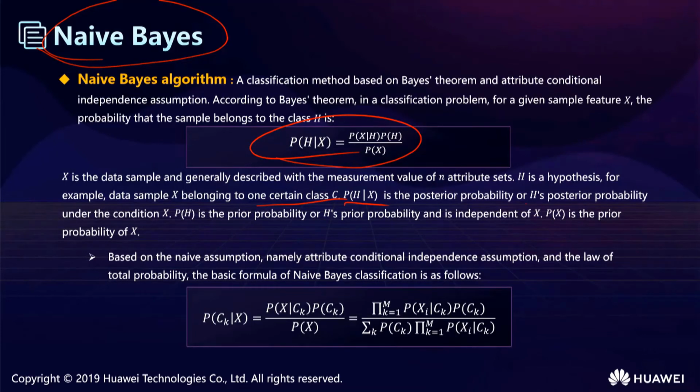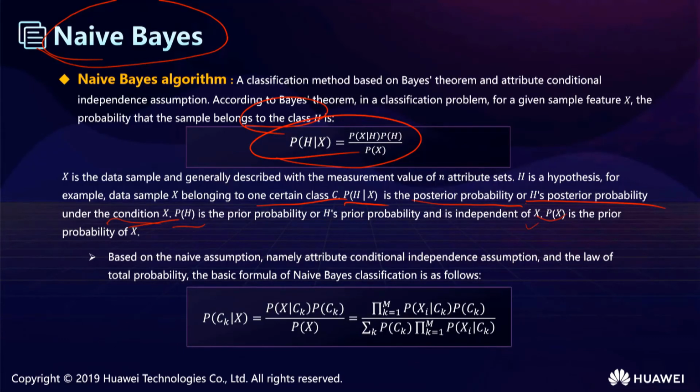P(H|X) is the posterior probability of H under the condition X, and P(H) is the prior probability of H, independent of X. P(X) is the prior probability of X. Thus, we can calculate the probability that the sample belongs to the class.